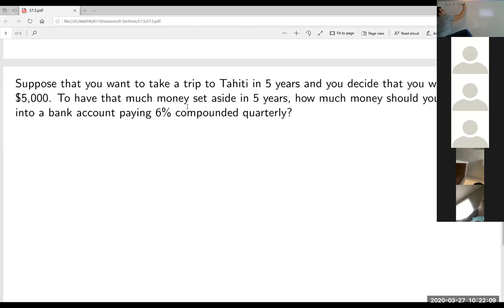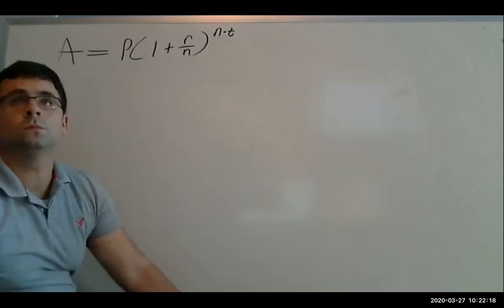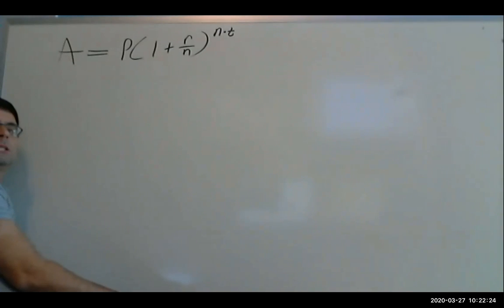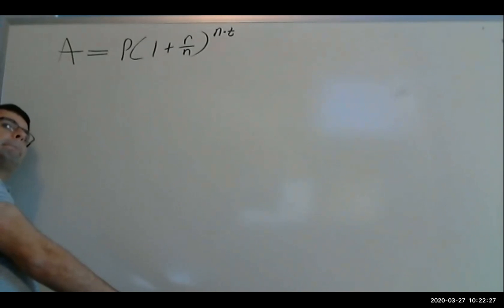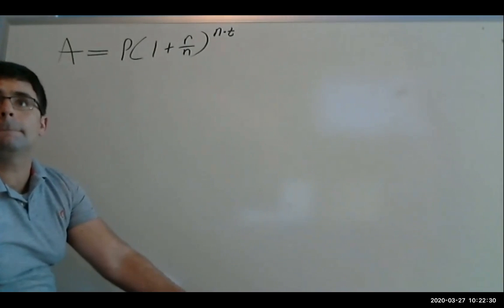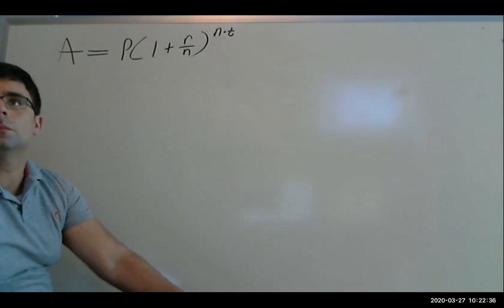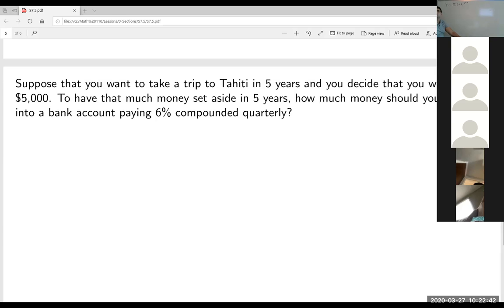You think P would be 5,000? So P is how much you start with.